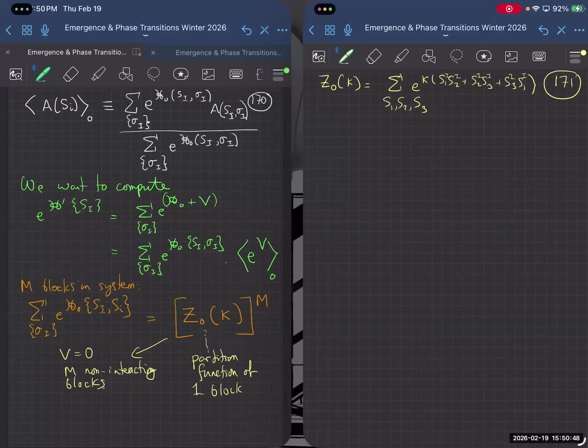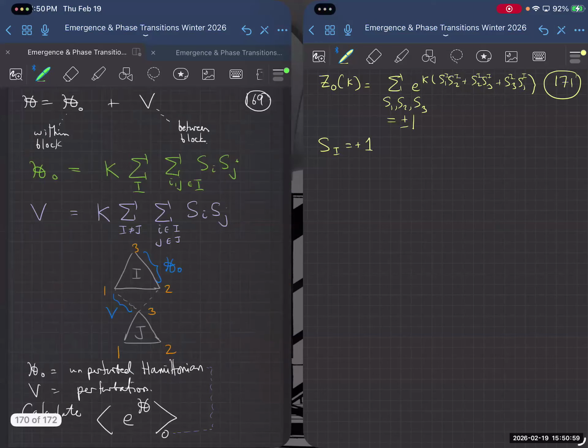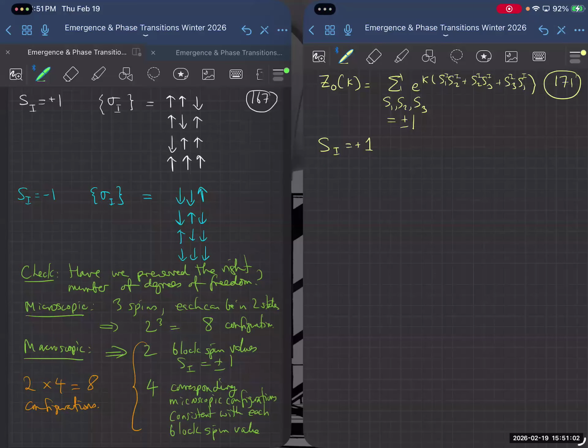And these variables have to be plus or minus 1. And so if I have S_i equal to plus 1, well, then I can go back here where I've listed for S_i is plus 1 all the four terms that contribute to that. So then I have to compute the S1i, S2i, S3i. So they're going to be these configurations. I'm going to sum over those.